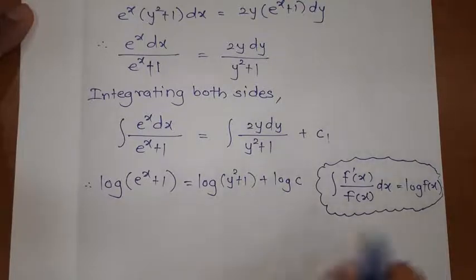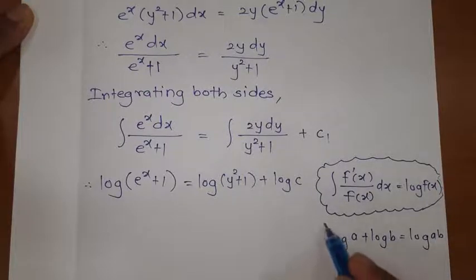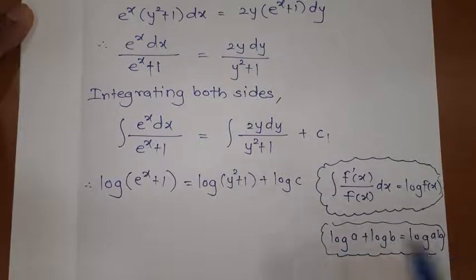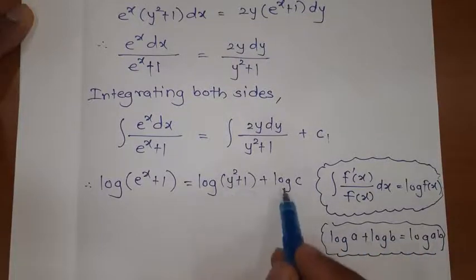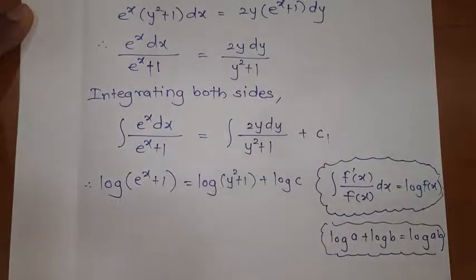So there is one property of log. Do you know? Log a plus log b. Do you know this formula? This log a plus log b, that means log a into b. Log a plus log b is log a into b. So that means if there is addition of logs, you can take the product of their terms. So I will write left hand side.